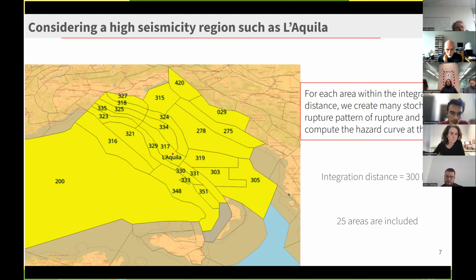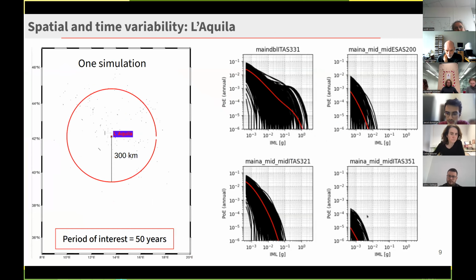And so the variability that you show in the end for these ones is both due to the Poisson nature of the occurrence, and also due to the position and the orientation of the ruptures. Yeah, sure. I mean, the orientations are resolved as well. It is like using a dislocation code then.